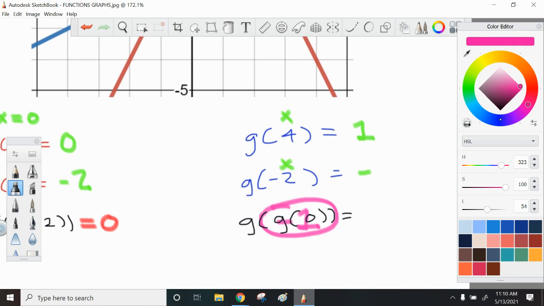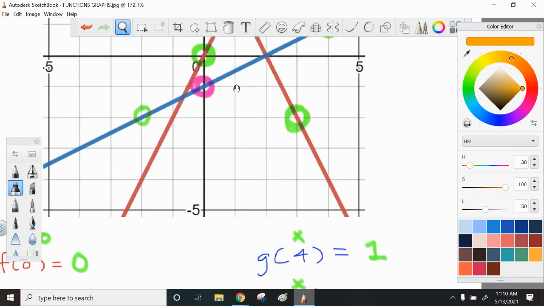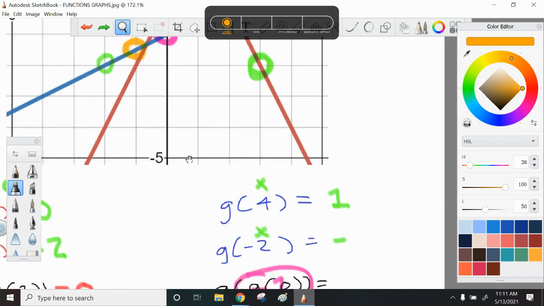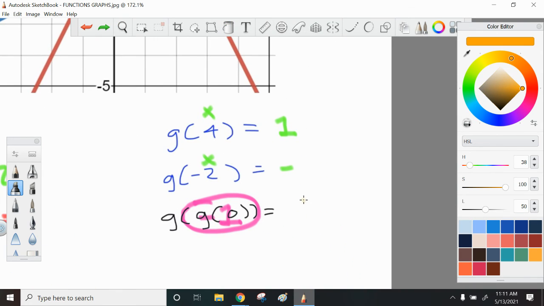And I'll do this maybe in orange. When my x value is -1, it's right here. And that looks like my y value would be 1.5. So that would be 1.5, or 3/2, however you want to write it.